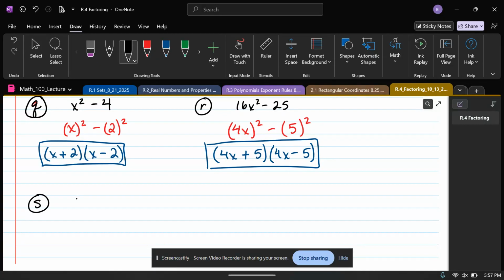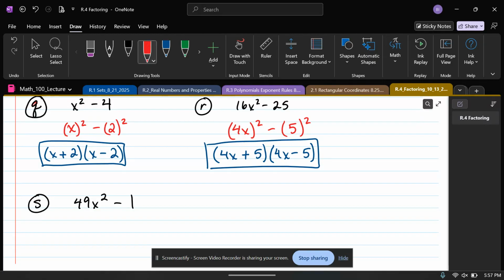Let's do this one. 49x squared minus 1. I know 1 goes into both of those, but that's not going to help us.